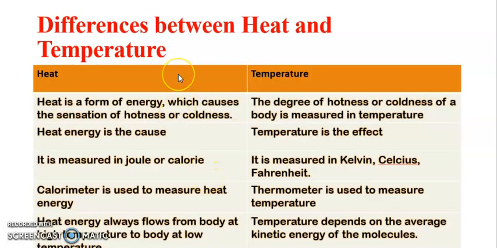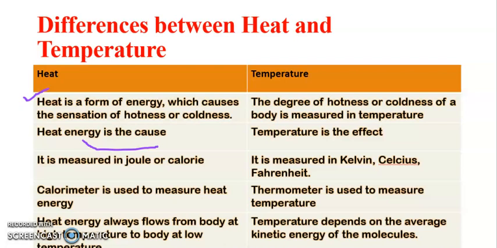Let's check the differences between heat and temperature. It is very important from the exam point of view. So consider heat. Heat is a form of energy which causes the sensation of hotness or coldness. It is a feeling. So heat energy is the cause.